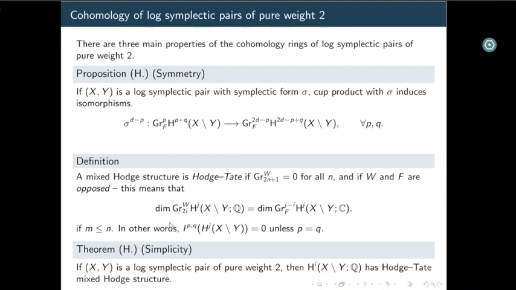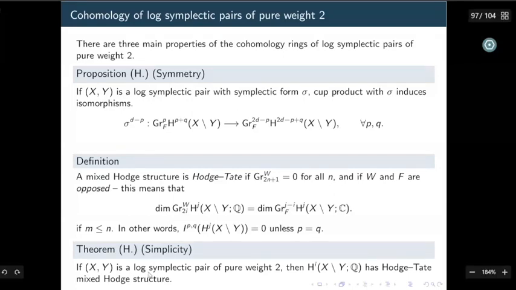Okay, so the simplicity result is that if you have a log symplectic pair of pure weight 2, then your entire cohomology ring is Hodge-Tate. So just to bring this back to something that I was saying before, this is really the embodiment for log symplectic pairs of the philosophy that the structure of the cohomology ring is determined by the structure of H^2.